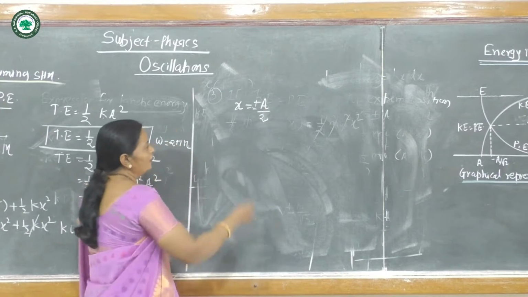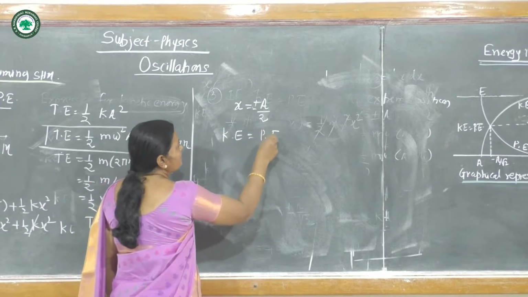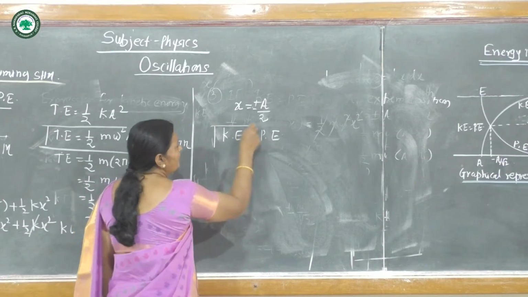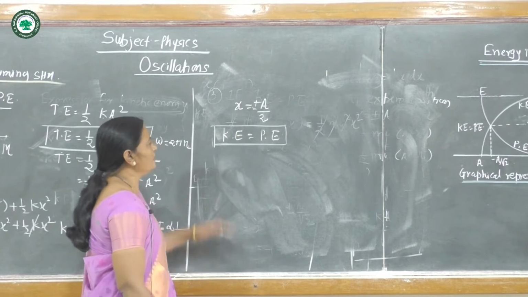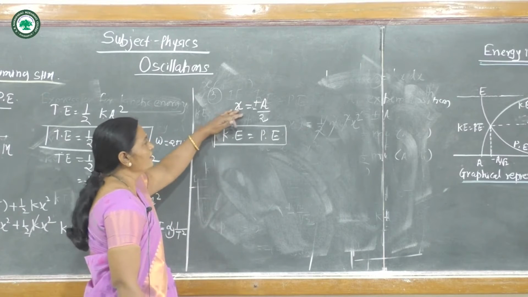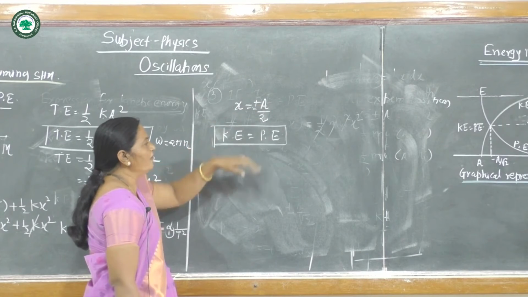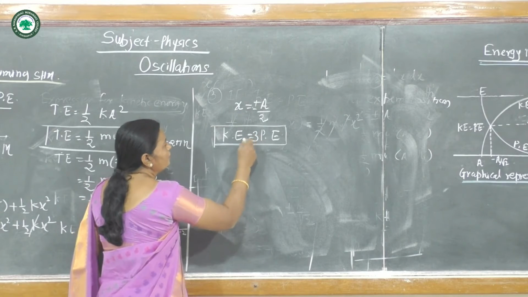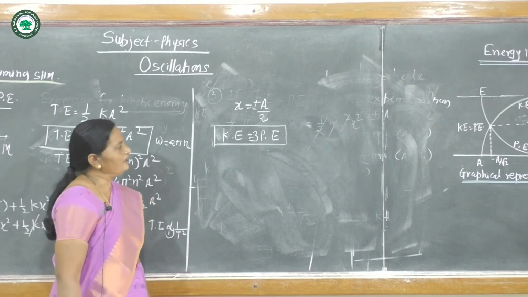We find the relation between the kinetic energy and potential energy by substituting the values. Then kinetic energy is equal to 3 times potential energy.